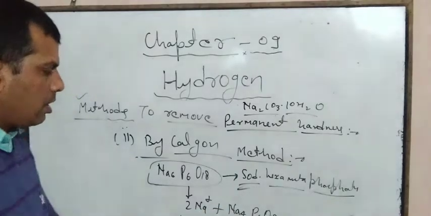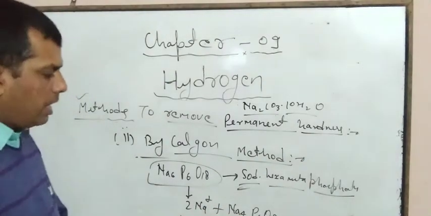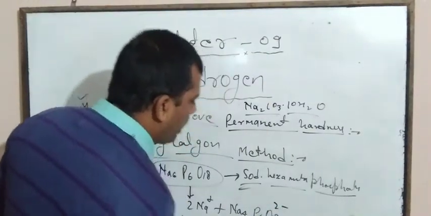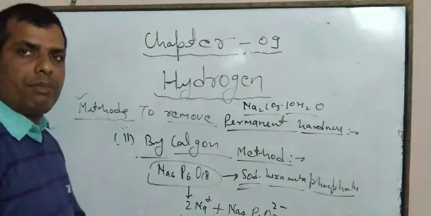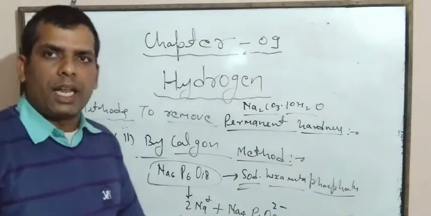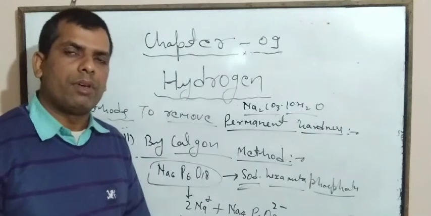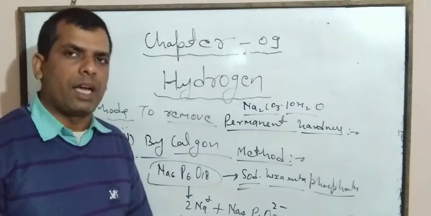Now this Na4P6O18 2 minus ion reacts with divalent cations like Ca2 plus or Mg2 plus and forms a type of complex ion.